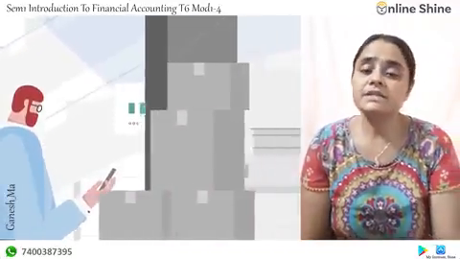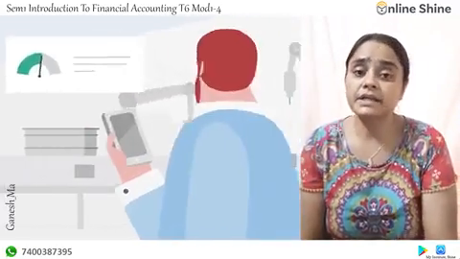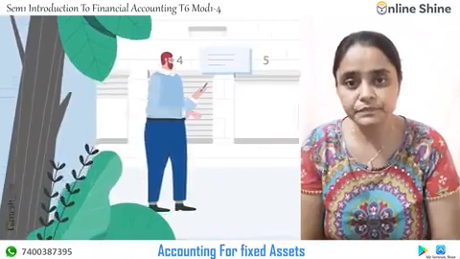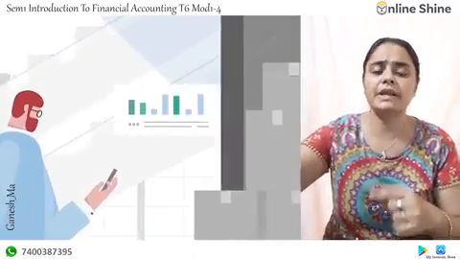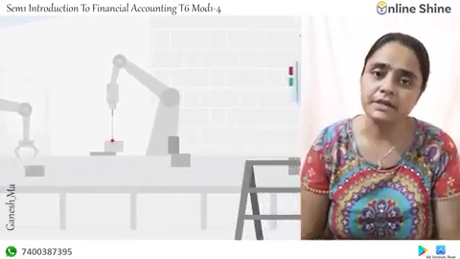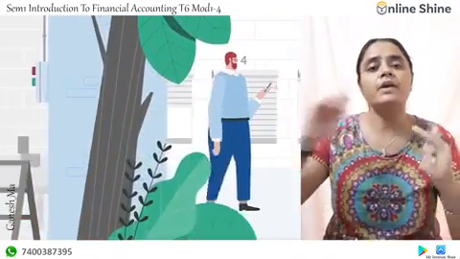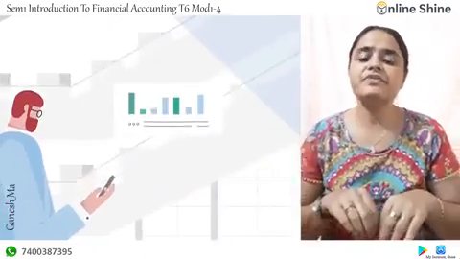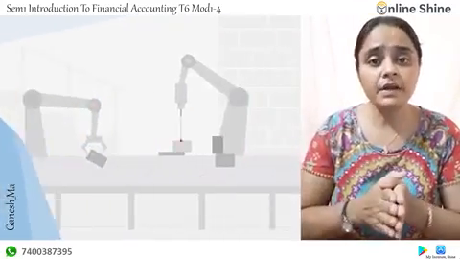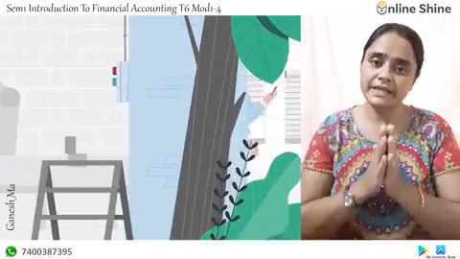Now the last one in this is AS 10, that is accounting standard 10, accounting for fixed assets. AS 6 depreciation and AS 10 accounting for fixed assets are interrelated, because depreciation is provided on fixed assets. Whenever there is a fixed asset, that means that asset is used for more than one accounting period for your production of goods and services.